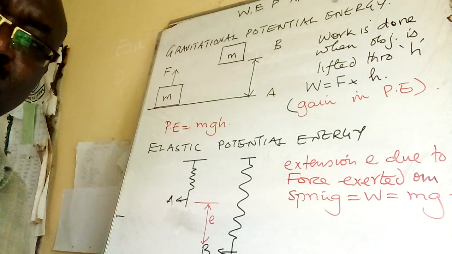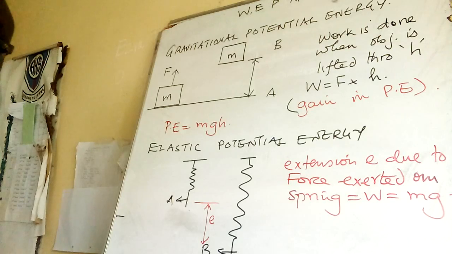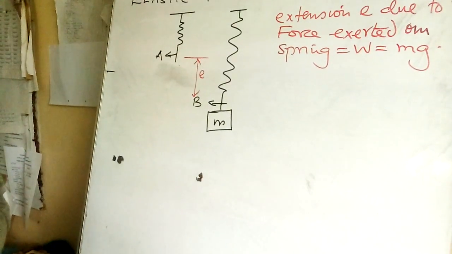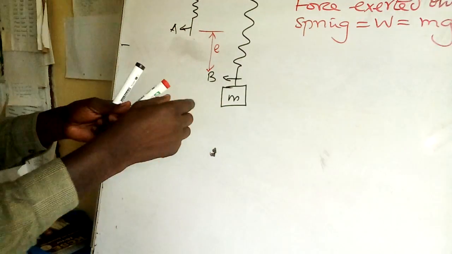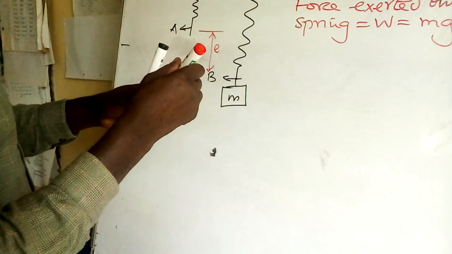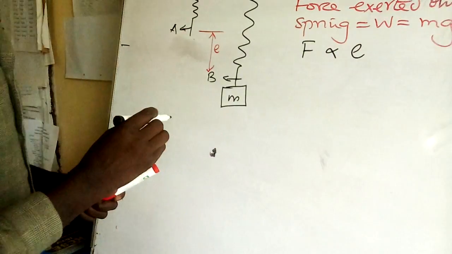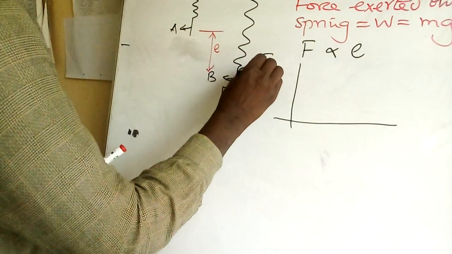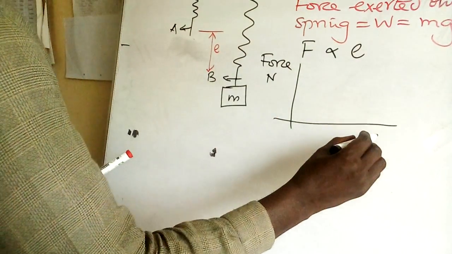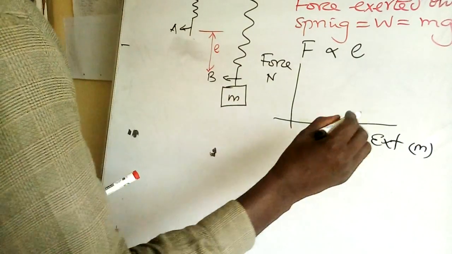So as force increases, extension will also increase. Now let us focus down here again. You see another way of getting this. We focus down there. So for example, we are talking of force is proportional to extension. The graph is force in Newton, and this is extension, let's say in meters.